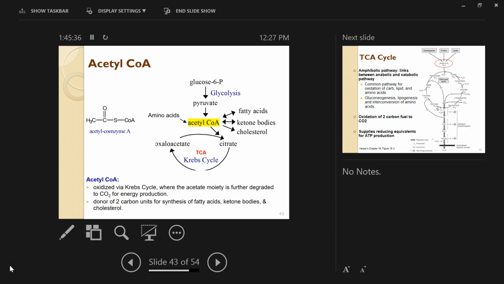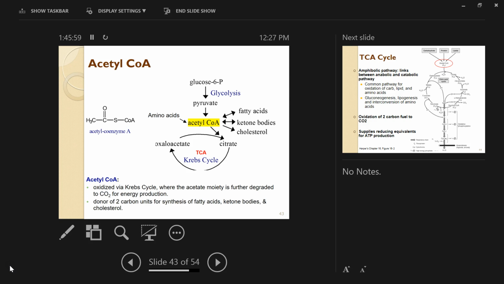Let me just finish this slide. Acetyl-CoA, like I mentioned, is converted from pyruvate, and it is a key molecule that can be generated from the oxidation of glucose, amino acids, and fatty acids.